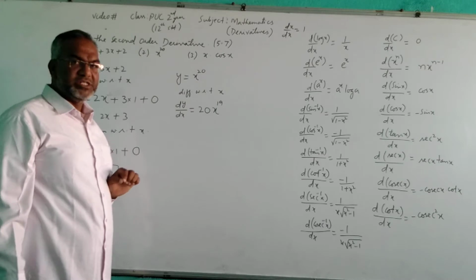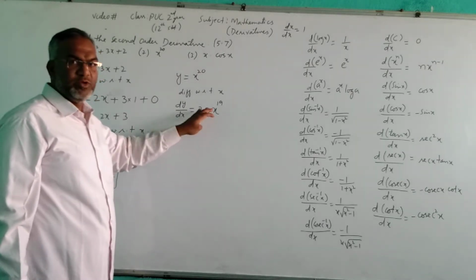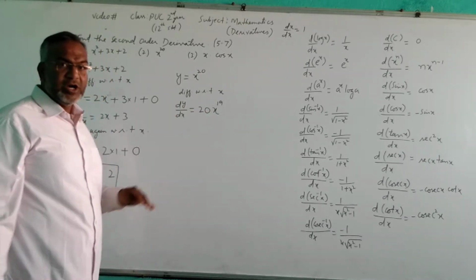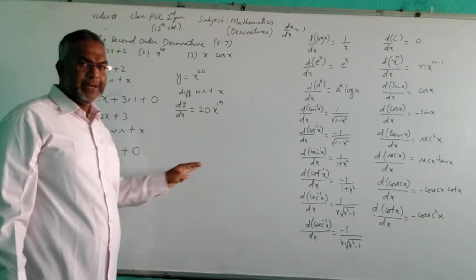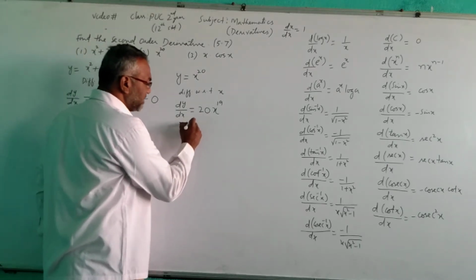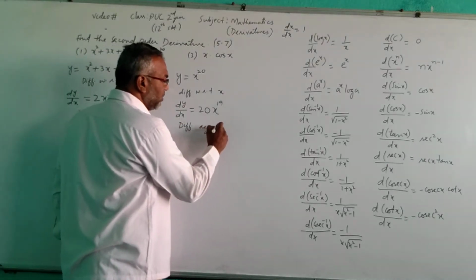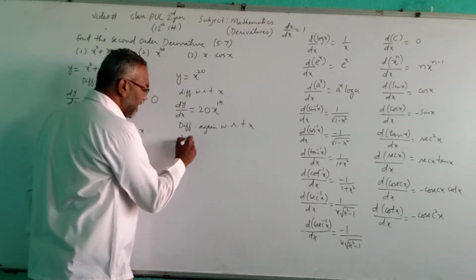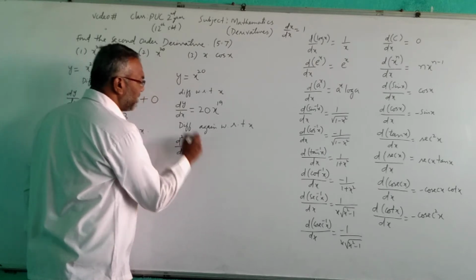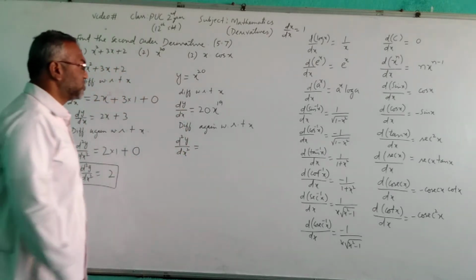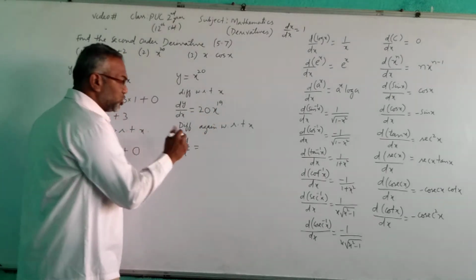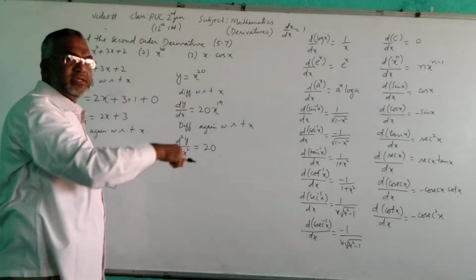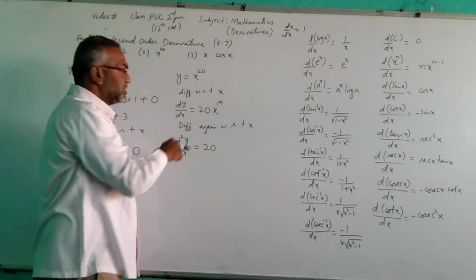First order derivative is over, and no more simplification is possible. Now to get the second order derivative, we differentiate this again with respect to x. So dy by dx becomes d2y by dx square. Now differentiate again. The constant 20 stays as it is, since a constant multiplied to x is kept as it is.